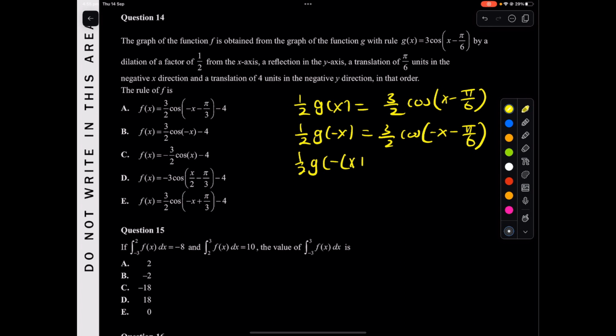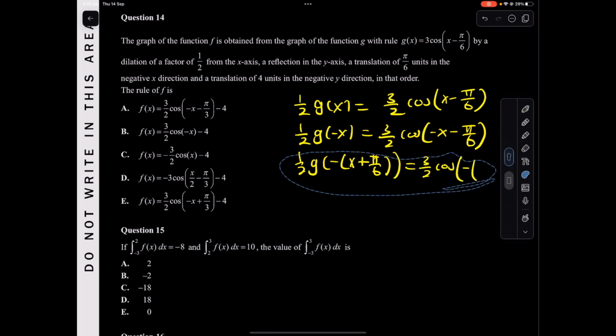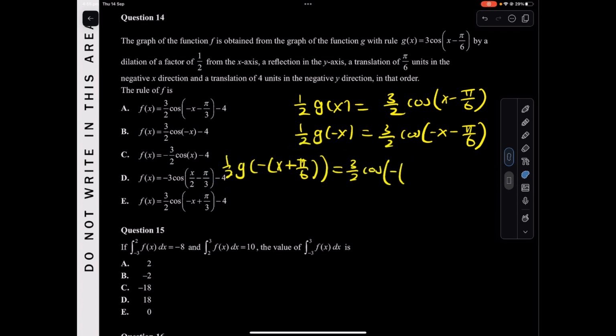So it'll be x plus pi over 6, 3 over 2 cos(negative (x plus pi on 6) minus pi on 6).